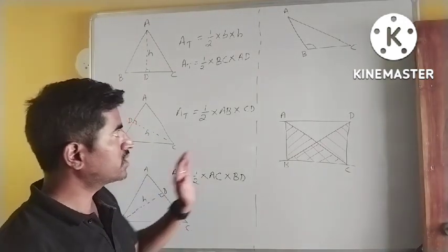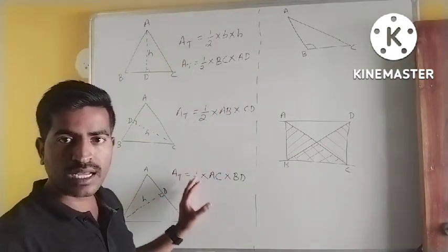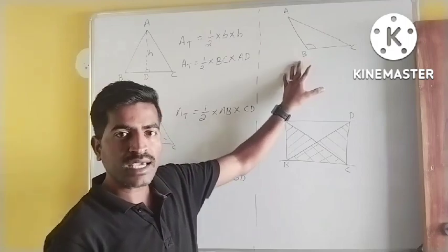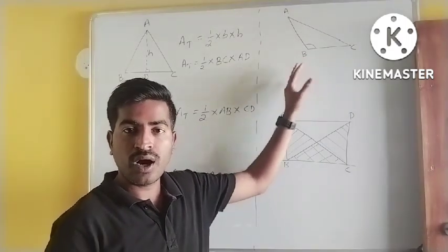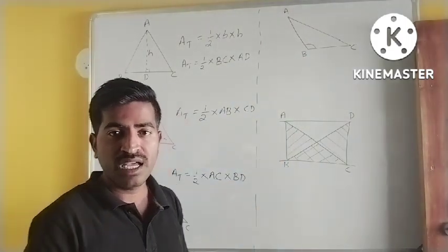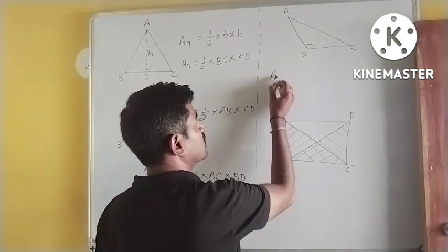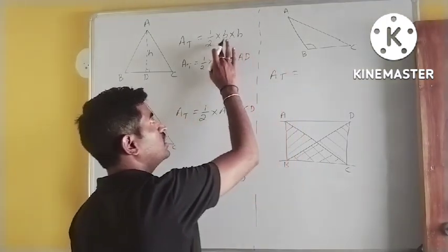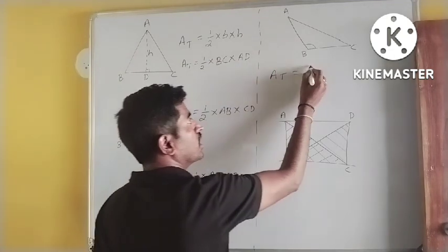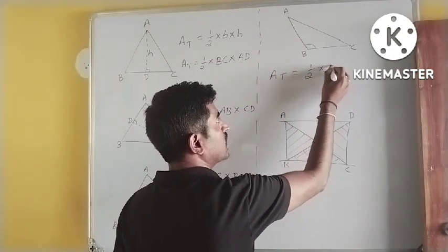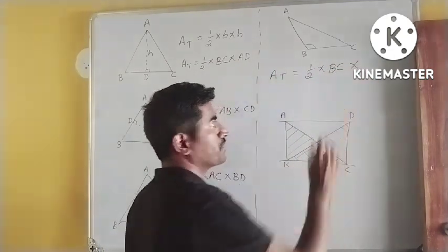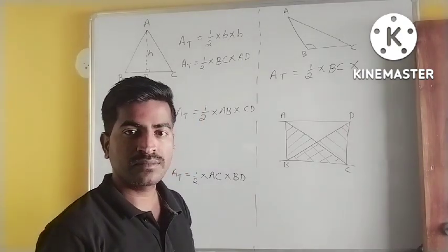These are all acute angled triangles. But in the case of an obtuse angled triangle, how can we find the area? The area is the same formula, half into base into height. Here I will take BC as the base. Then what would be the height?